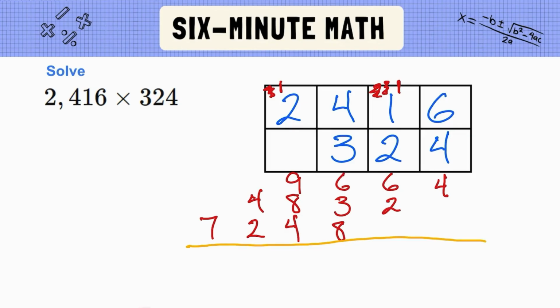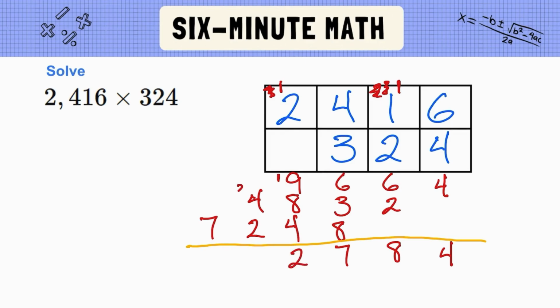I now add these all up vertically. We have a 4 at the end. 2 plus 6 is 8. 8 plus 3 plus 6 is 17. So we're going to drop our 7, carry 1. 4 plus 8 plus 9 plus 1 is 22.